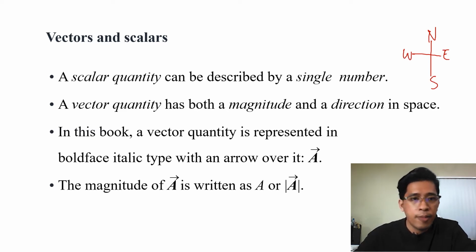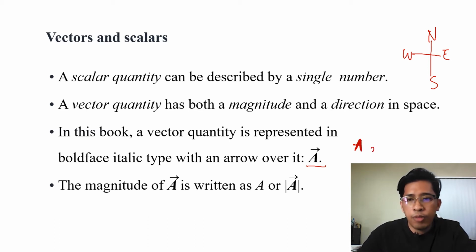In our class, a vector quantity is represented by a boldface italic type with an arrow over it. We will represent our vectors like this one here: you have your boldface letter and then an arrow on top. Some books use a bold letter for a vector.